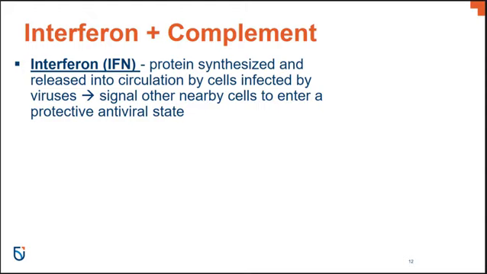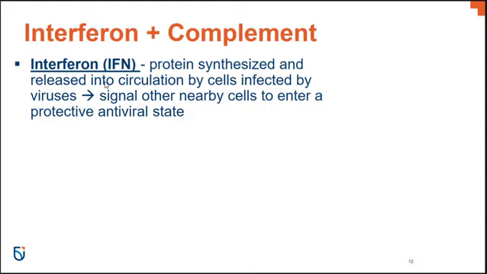Several types of cells, if invaded by viruses, so we're talking about cells in our body, can respond rapidly by synthesizing a protein called interferon and releasing some of this interferon into your circulation. The interferon that is released to nearby cells in your body is going to signal those cells to enter into a protective antiviral state.